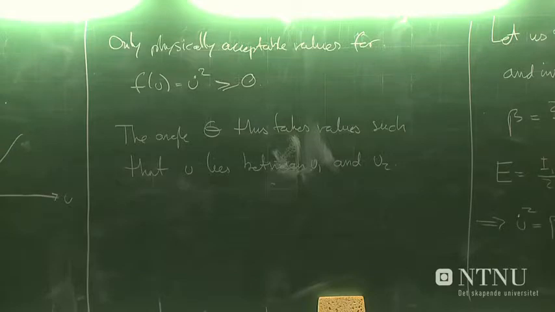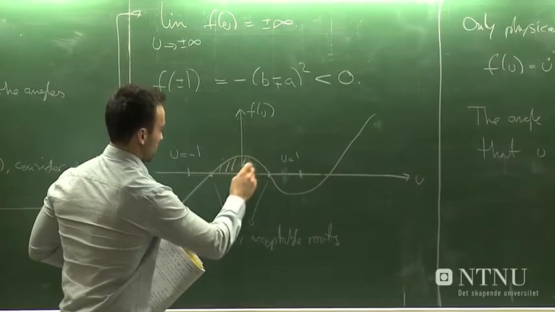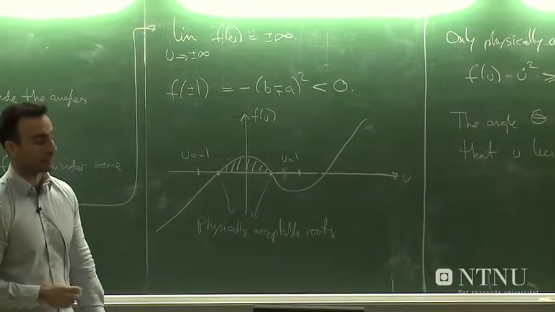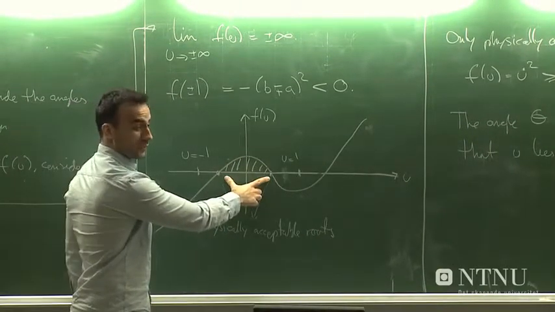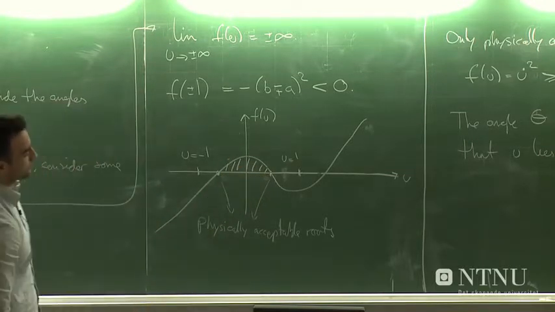it can only take values in fact, such that u lies in this regime, between the two roots here, such that the function is positive.